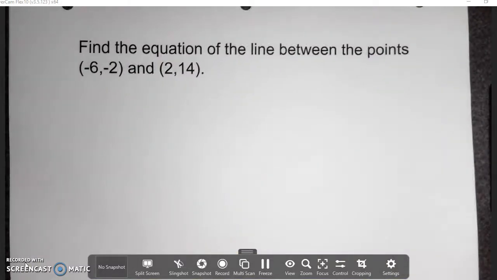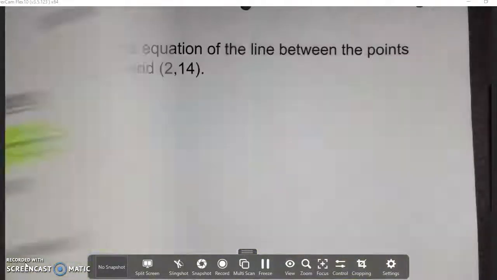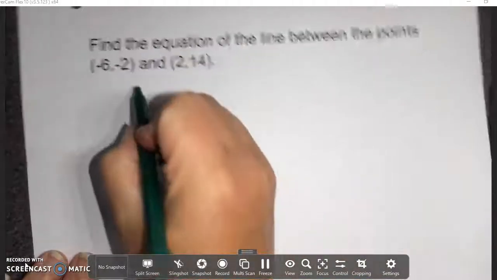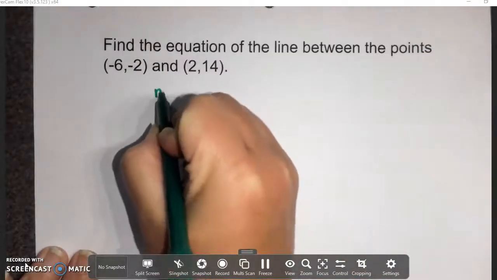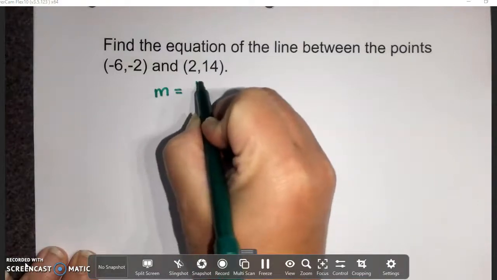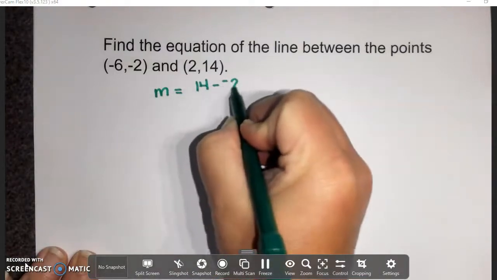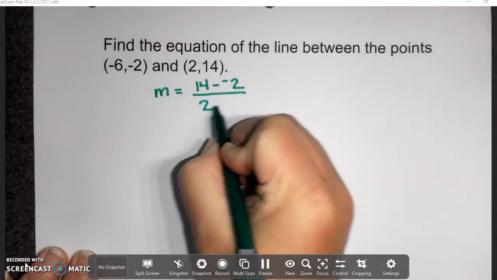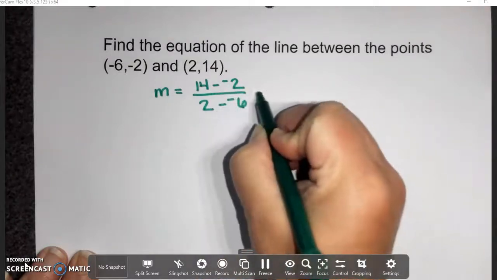So find the equation of the line between the points. Our first step was to find the slope. So step 1, find the slope. M is equal to 14 minus a -2 over 2 minus a -6.